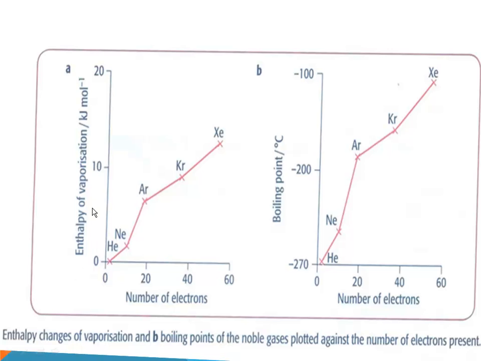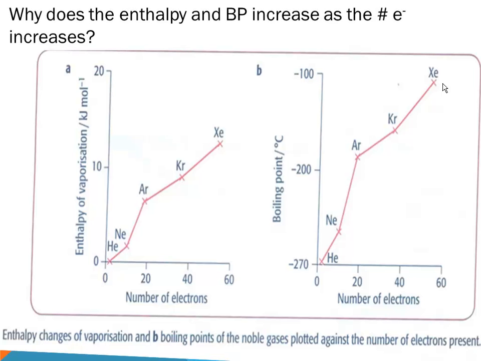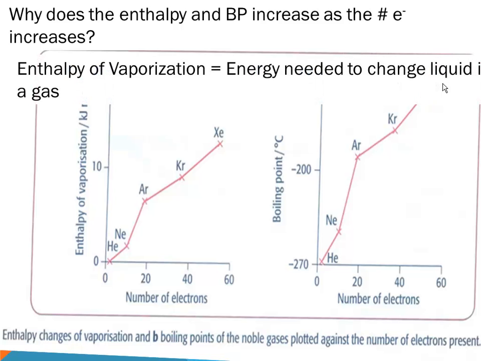You can see this from the chart. You have the noble gases and the enthalpy of vaporization, so how much energy it takes to vaporize the liquid. You can see helium is very low, and as you go down the periodic table, you are increasing the energy of vaporization as well as the boiling point, because more electrons means more protons, and you have more chances of contact between molecules.